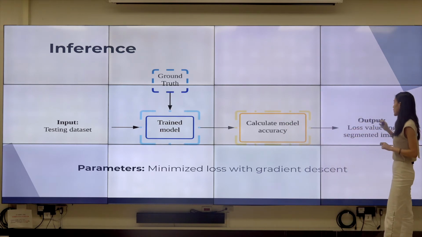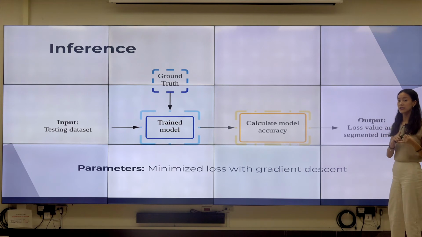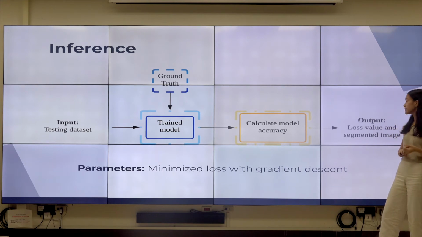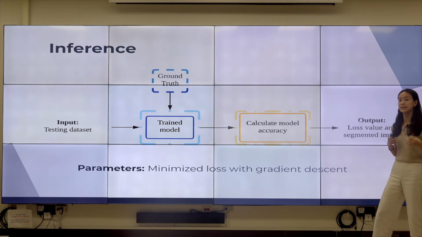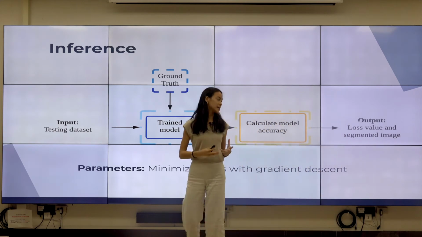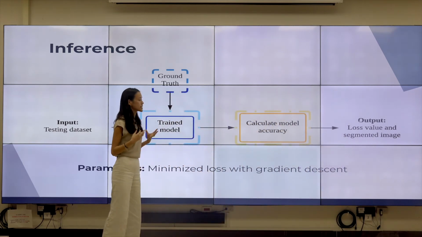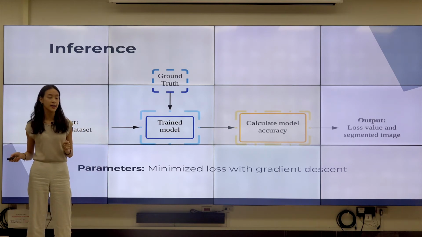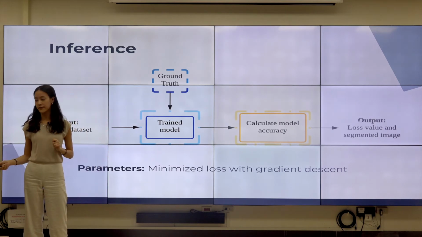Using this method, we would get the loss value. So I would be talking about the loss function that we'd be using in this case for accuracy, as well as the segmented image. And so the parameters are basically minimized, minimize loss with gradient descent. So that's the entire process, or the entire aim, of training the model and getting the inference.